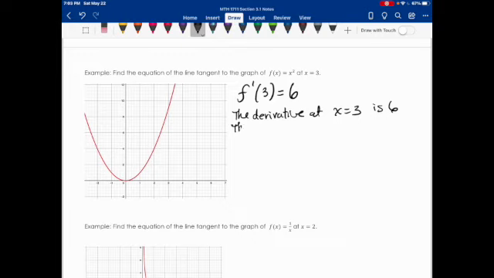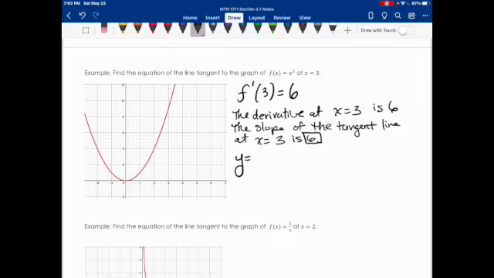And conceptually, what this means is the slope of the tangent line at x equals 3 is 6. So if we're trying to find the line that just touches that curve at the point x equals 3, we already know what the slope is.